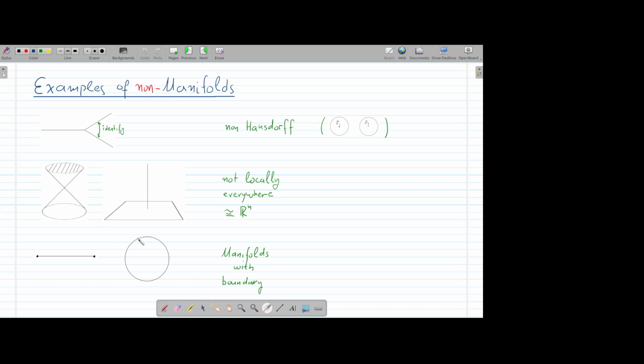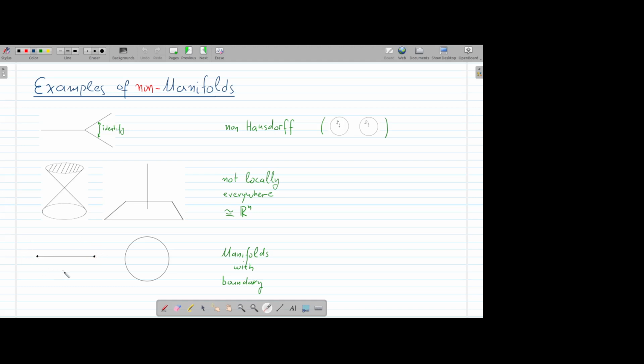A special category of spaces that are not manifolds, but are very close to being manifolds, are manifolds with boundary. So the simplest example is to take a line segment on the real numbers, but also include the endpoints of the interval, this one and that one.